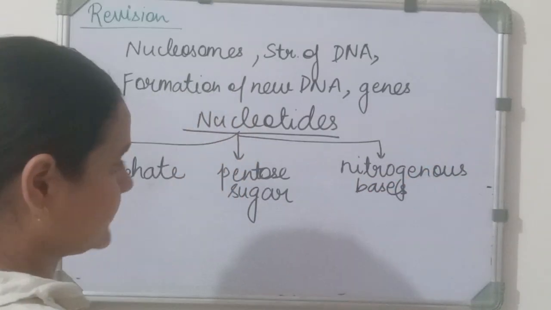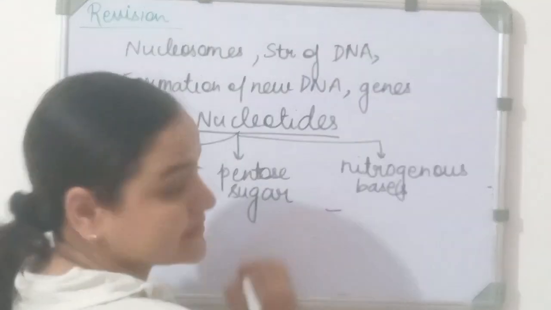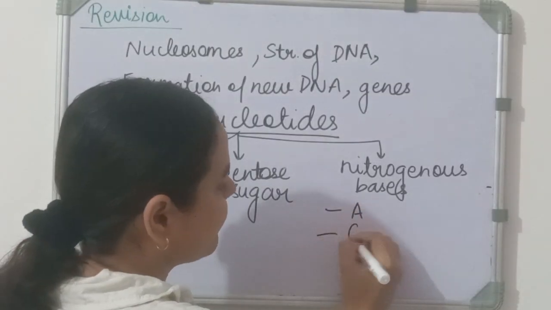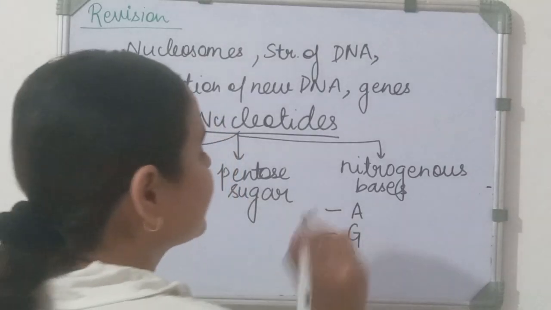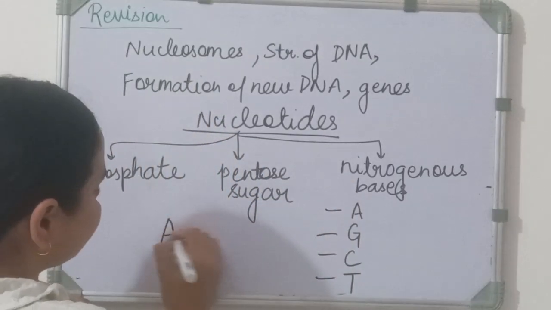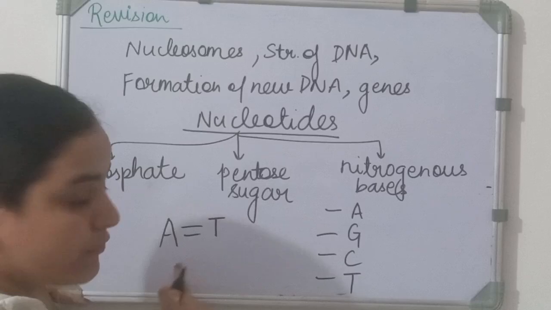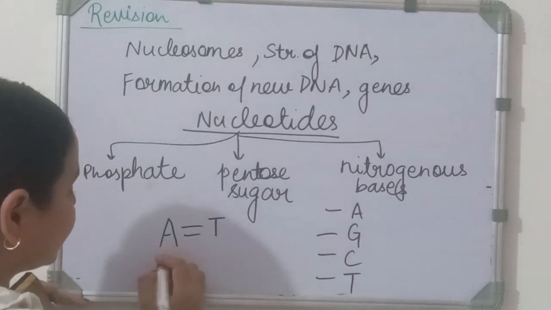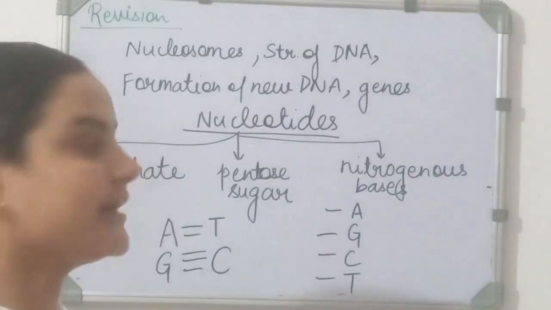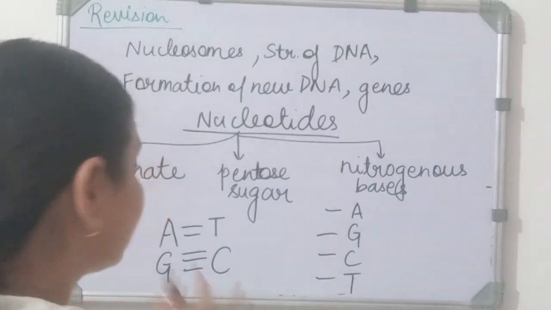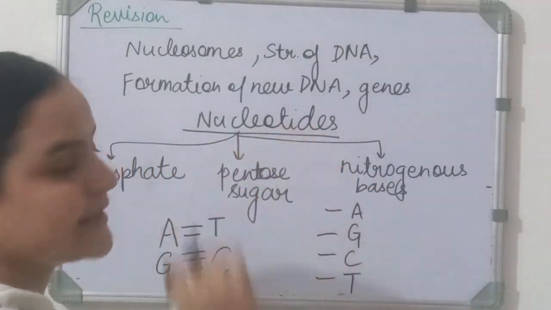The examples of nitrogenous bases were adenine, guanine, cytosine and thymine. Adenine pairs with thymine with the help of 2 hydrogen bonds, and guanine pairs with cytosine with the help of 3 hydrogen bonds. This was everything that we studied in nucleotides.